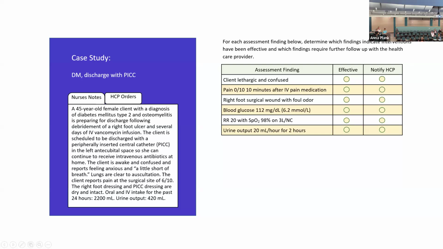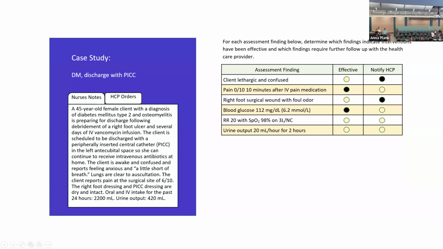Okay, so which findings indicate that we have been effective? And which do we have to tell the doctor about? So what if they are lethargic and confused? We go to the doctor. What if their pain is gone after we give them pain medication? Okay. What about the foot now smells real bad? Okay, what if their blood sugar is 112?